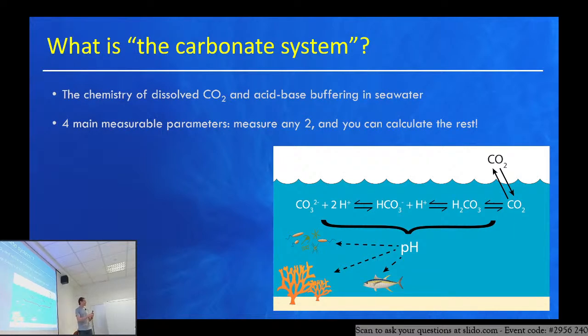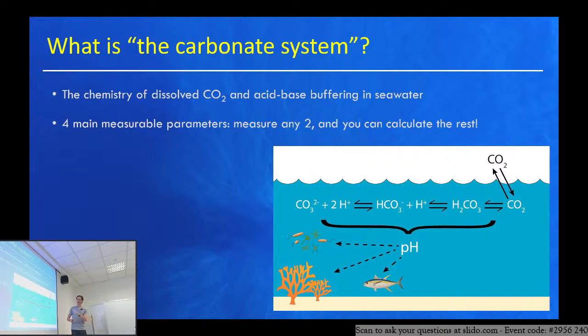Fundamentally, when we talk about the carbonate system, we're talking about the chemistry of dissolved CO2 and the acid-base system of seawater. This breaks down into four main parameters that we can go out and measure. Handily for us, it's enough to measure any two of those, and once we've done that, we can calculate everything else.